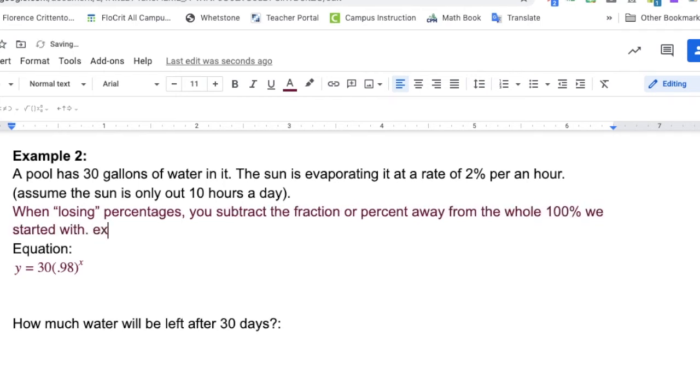So in this case, we had 100 and we minus the 2% to figure out that we were left with 98%, and that was our multiplier. To figure out the multiplier.